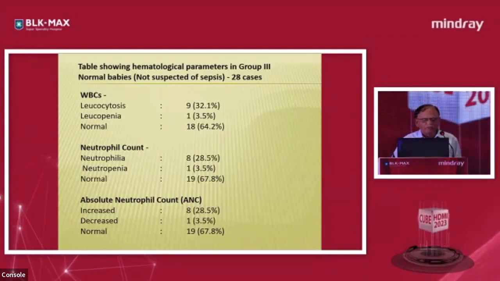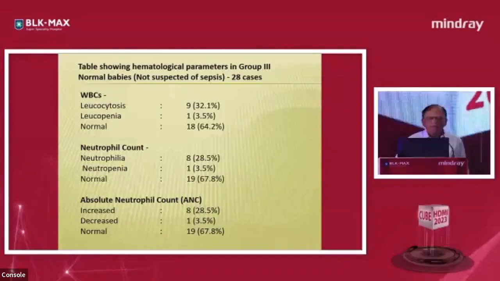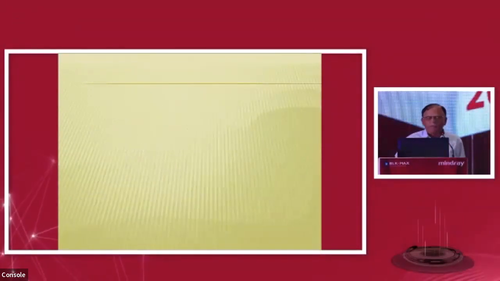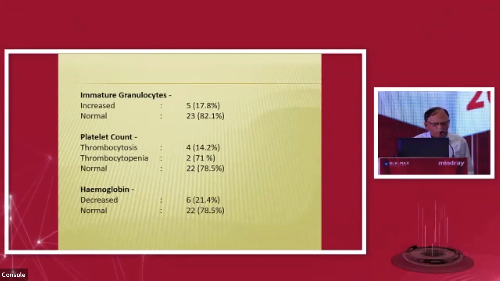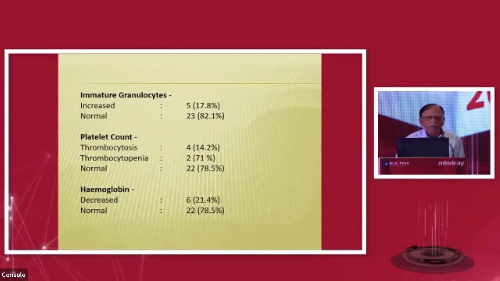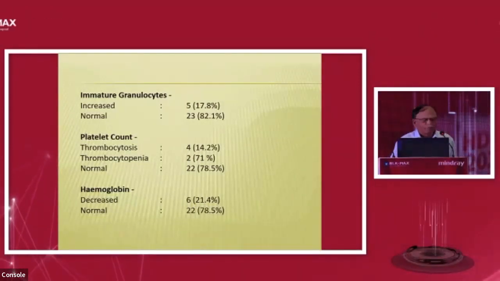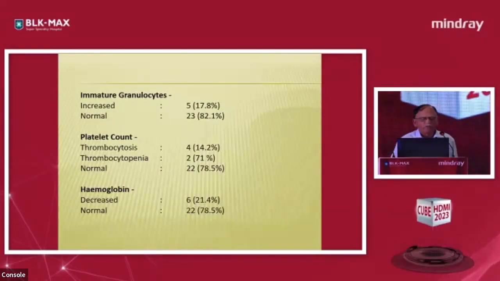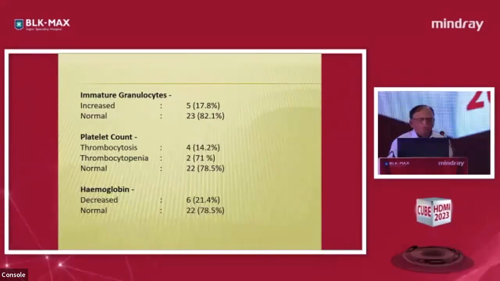And similarly, neutrophil and absolute neutrophil count were normal in 19 cases out of 28. And immature granulocyte count was more in 5 patients and normal in 23 babies. Platelet count again, we had all 3, thrombocytosis in 4, thrombocytopenia in 2 cases and normal in 22 patients.